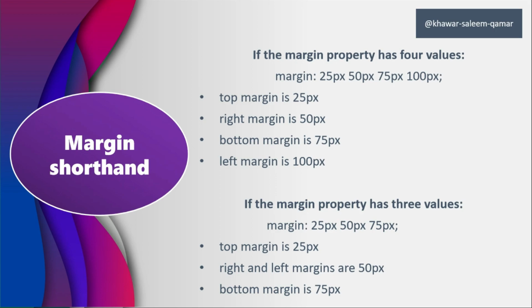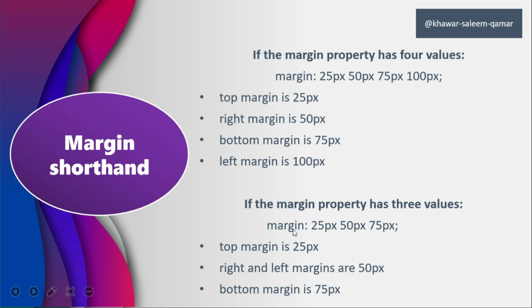We can use a margin shorthand as well. As we talked about with the element border, the same way we have a shorthand for margin. If you have four values, it starts from top and, in clockwise direction, distributes all four values to all four sides.